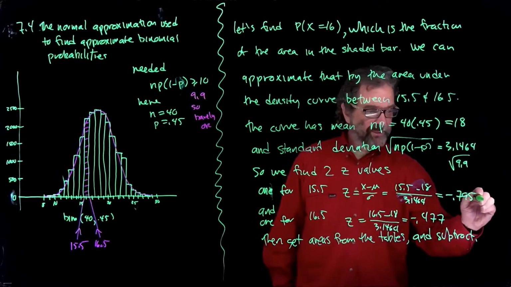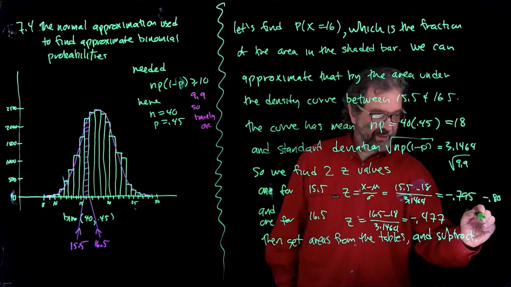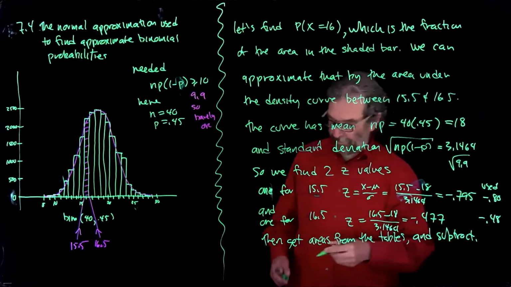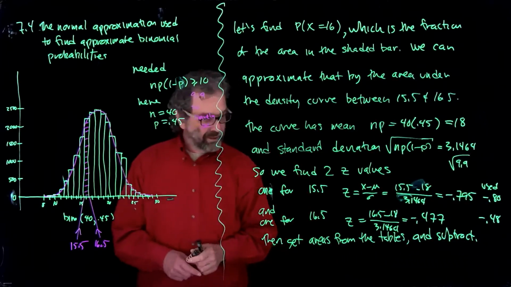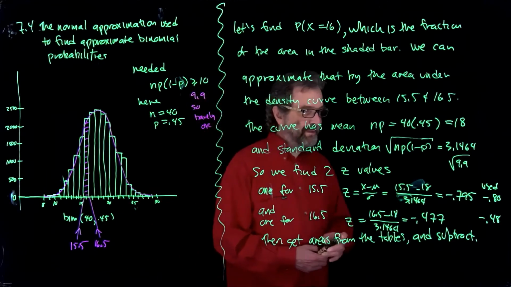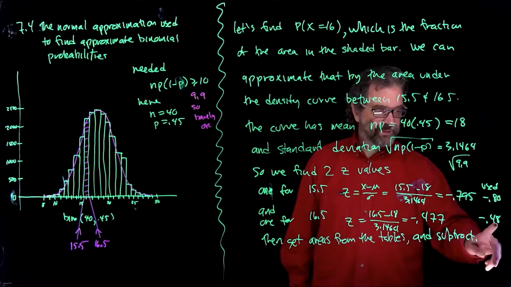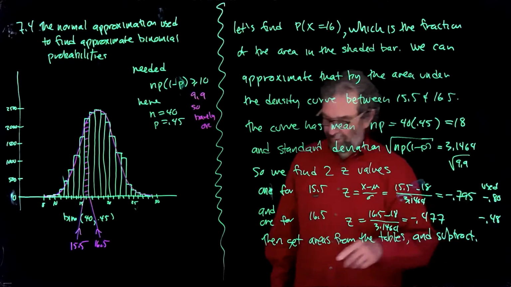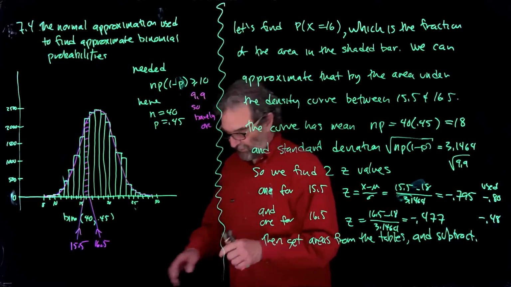So we have to round these. I'm going to say minus 0.80 and minus 0.48. Then I'm going to go to the tables and subtract. The one that gives me the biggest area is the largest z-value, the one furthest to the right, which is negative 0.48, the least negative one.